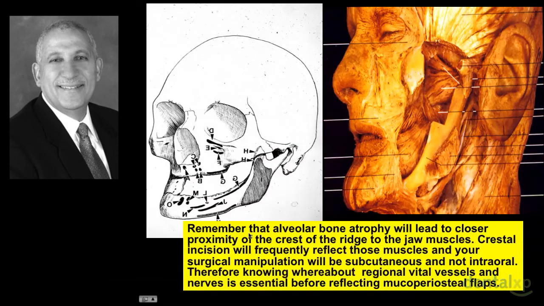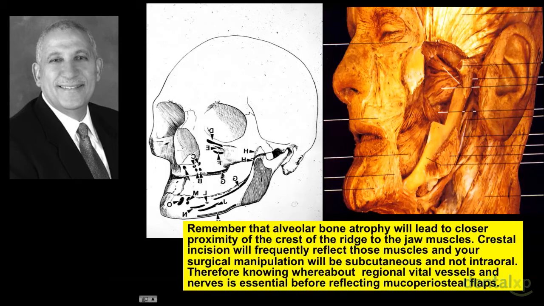which we shouldn't. Now, when we're dealing with a patient who has lost his alveolar process, because of the resorption of that alveolar bone, the muscles that we mentioned are just at the top of the ridge.